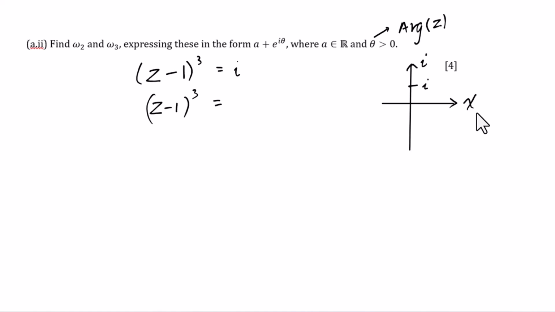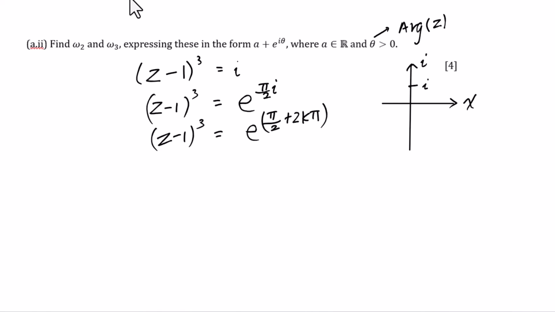First step, we need to change i into Euler form, e^(iπ/2). So we get (z - 1)^3 = e^(iπ/2). Change this into general form. Then on both sides, take the 1/3 power.